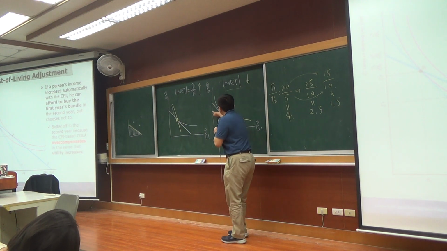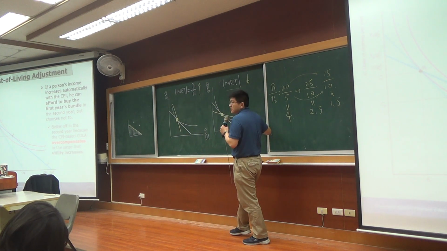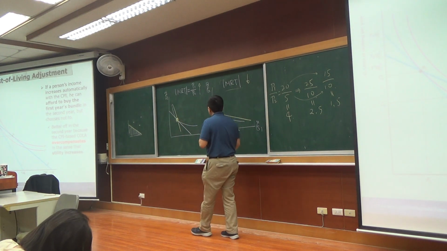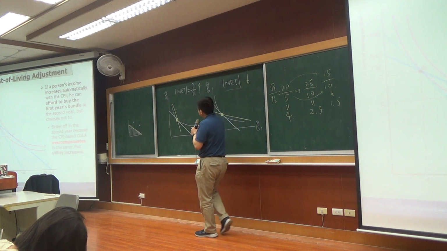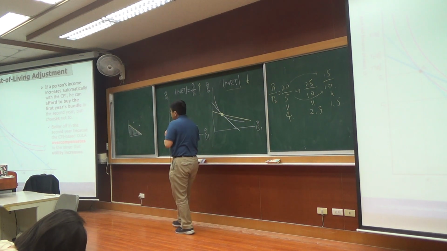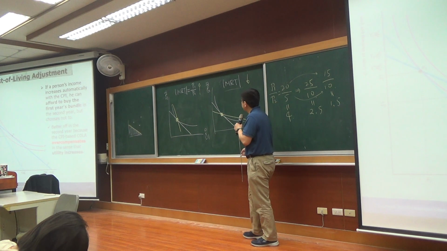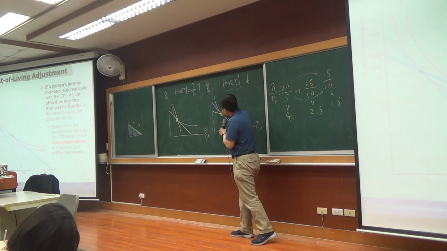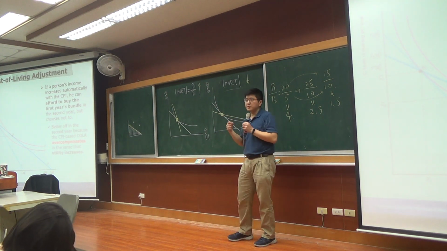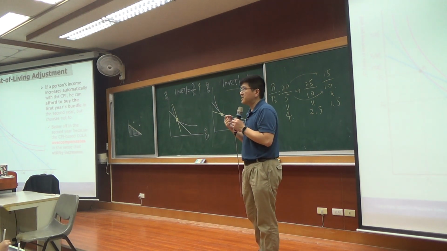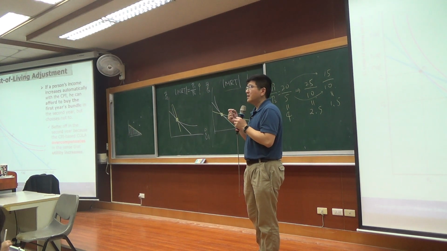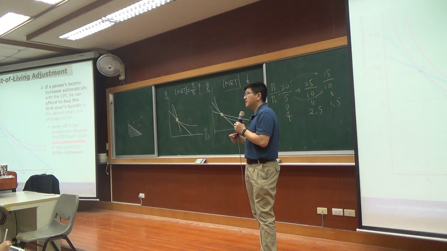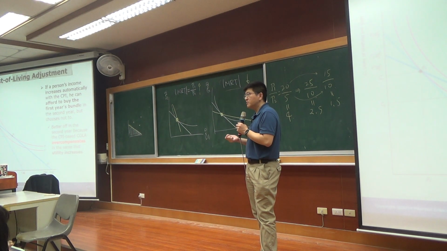So this is the new budget line, either this one or this one. If you are the consumer and your budget line becomes this one, what would you do? Would you stay at this point, or would you seek another one that provides a better utility level?